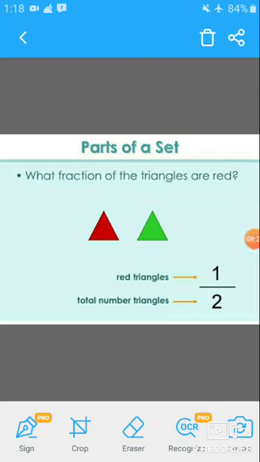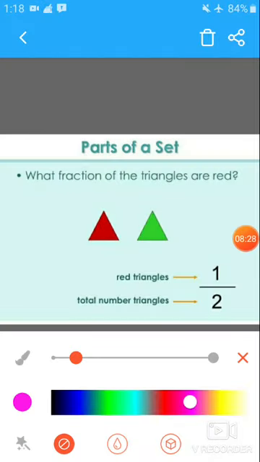Now students, parts of a set. What fraction of triangles are red? So students, look here, there are 2 triangles. It means total number of triangles is 2. So you can write 2 as a denominator. And now we are going to find out the fraction for red triangle.